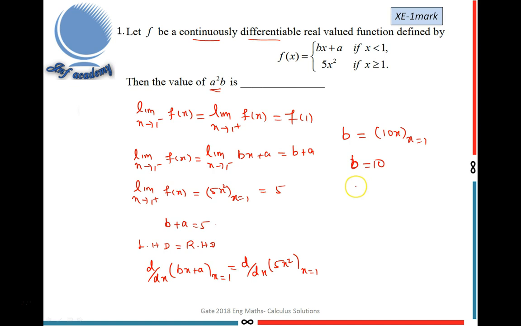We get 10 plus a equal to 5, so a equal to minus 5. Here a equal to minus 5 and b equal to 10 make the function continuously differentiable. So we have to find the value of a square b. A square b equal to a square, which is 25, into b, which is 10. The final answer is 250.